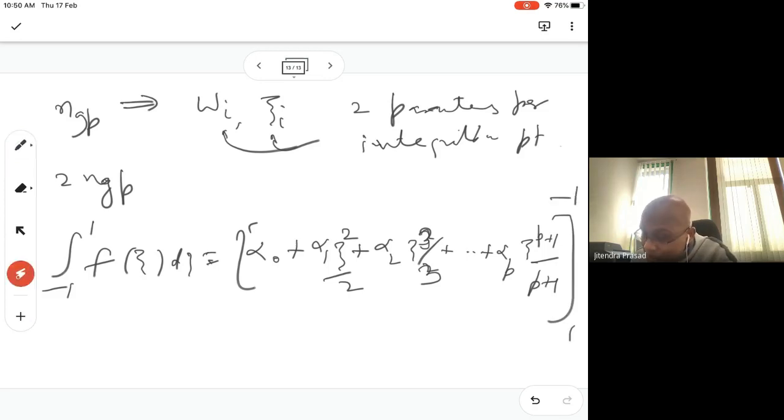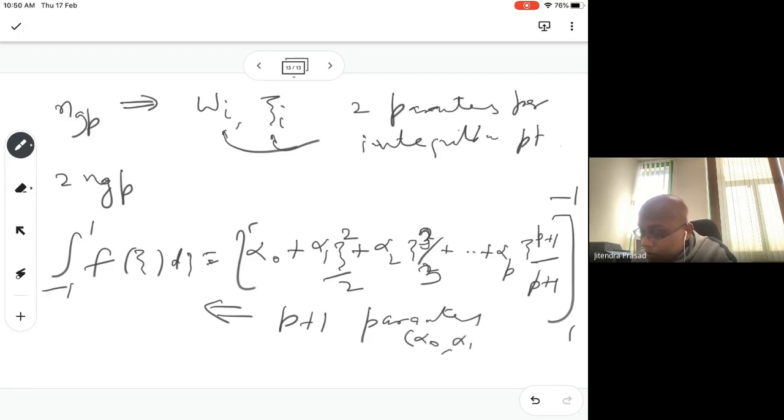So how many parameters do you have? You have p plus 1 parameters: alpha naught, alpha 1, alpha 2, and so on.